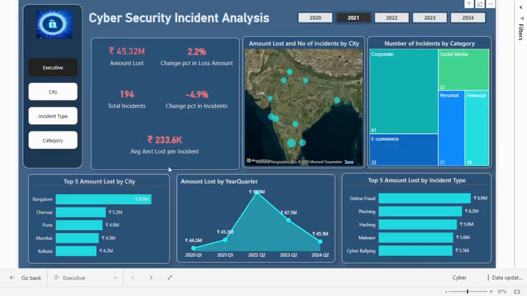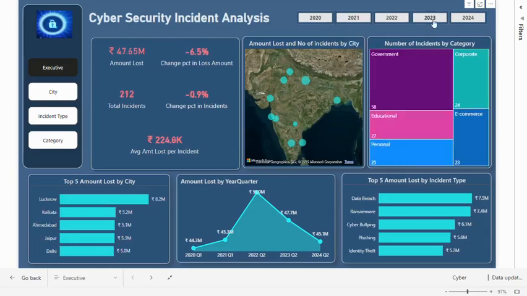The average amount lost per incident reveals the severity of each incident. Here we see the highest amount loss is in Bangalore, and it is not surprising as Bangalore is home to many IT companies and financial institutions. In 2022, the highest amount loss is from Delhi, and in 2023, the highest loss amount is from Lucknow.